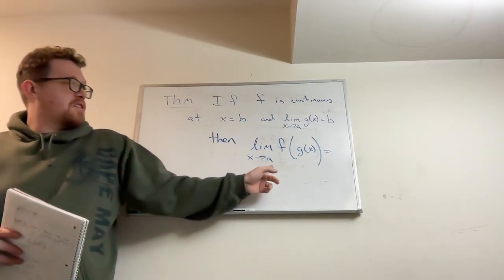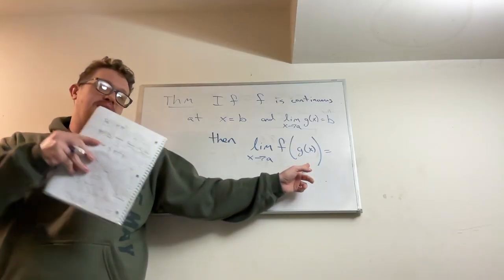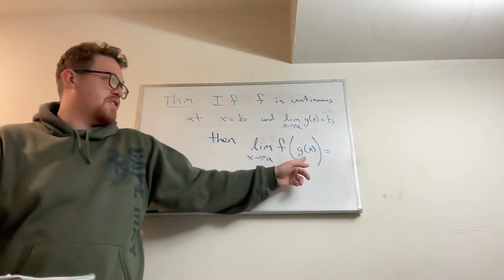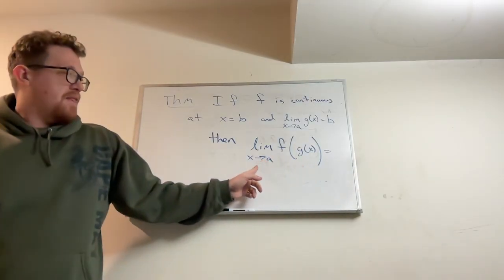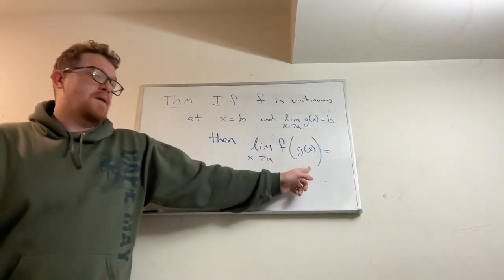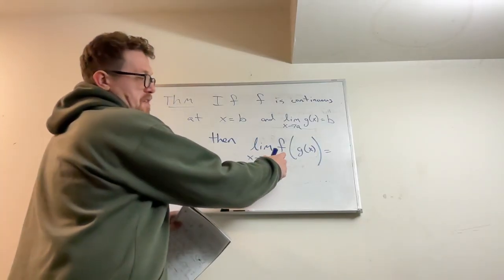So this theorem just says that the thing you think is going to happen basically happens. g gets really close to b, and this limit gets really close to f of b, because f is continuous.